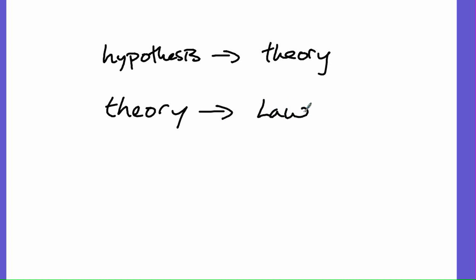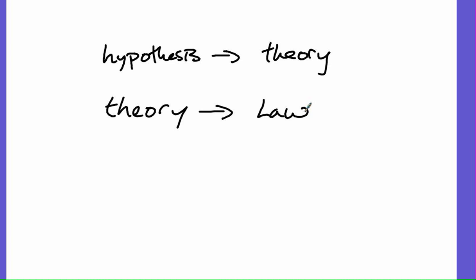Because when we use theory in our normal English usage, that sometimes doesn't hold very much strength. Sometimes we think, oh, that's just an idea, an untested idea even. But no, in science, a theory is a super redundantly tested idea. There is so much evidence to support it that there's no way, based on current evidence, that it is wrong.